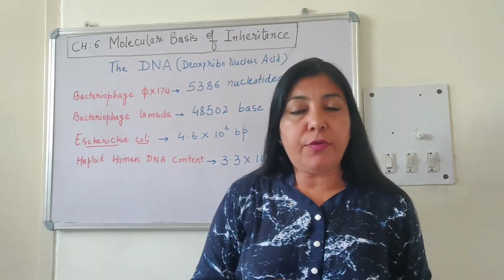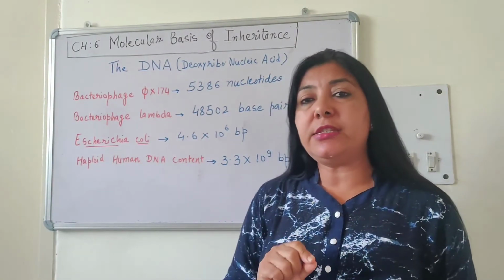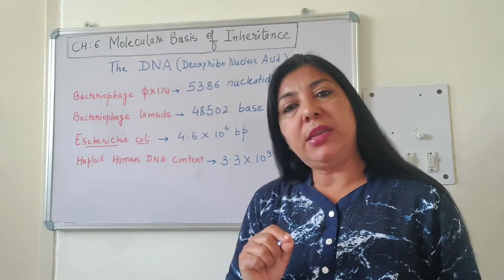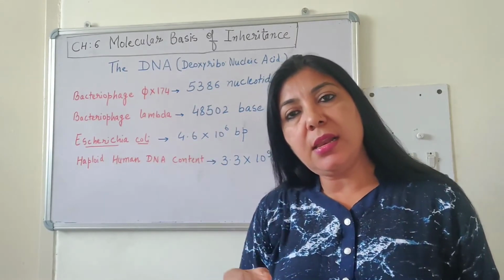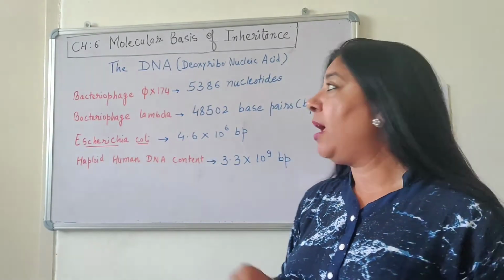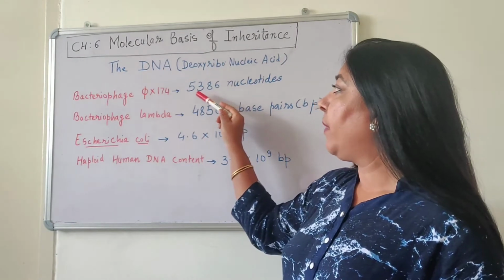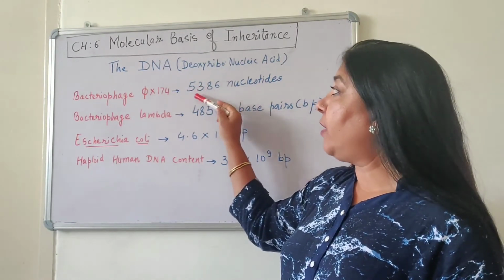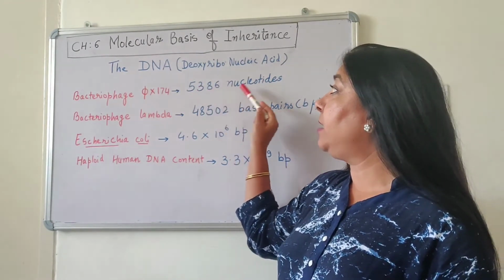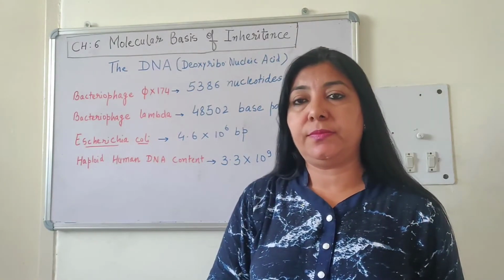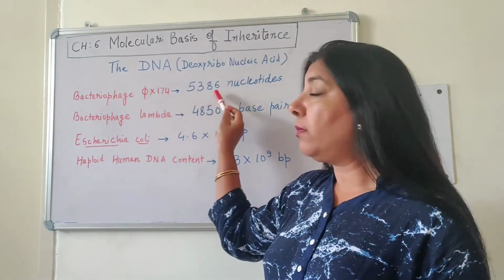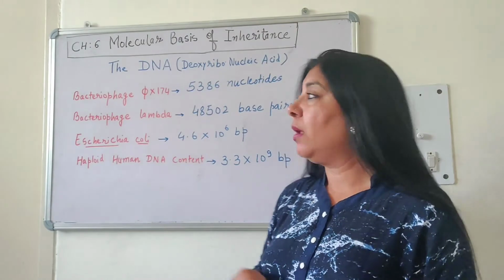It is a bacteriophage which has DNA as genetic material, but that DNA is only a single polynucleotide chain and it contains about 5386 nucleotides. You must know this number.